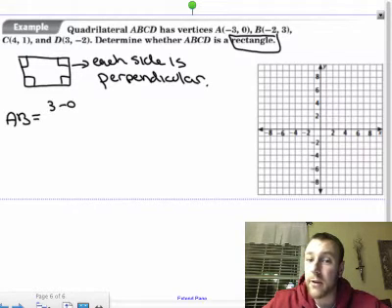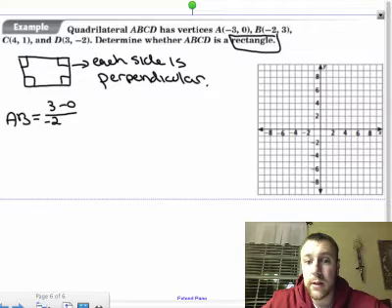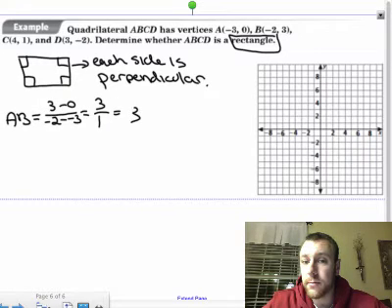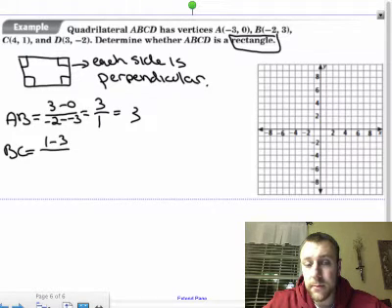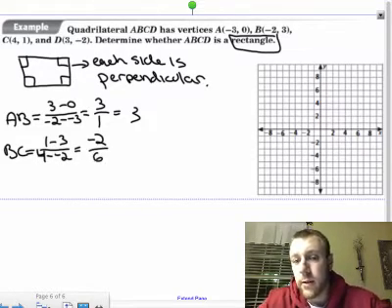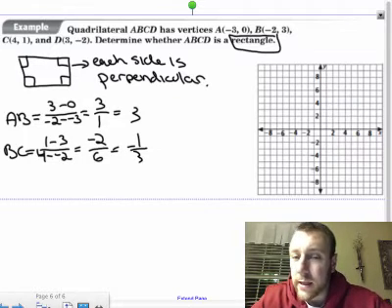So again, I pair off the sides and or points, and then I find the slope. So 3 over 1 or 3. B to C. Now, this comes out to be -2/6, which I have to reduce down.